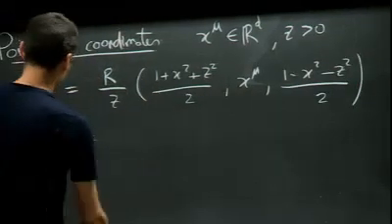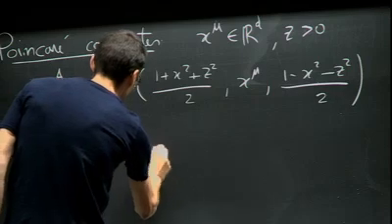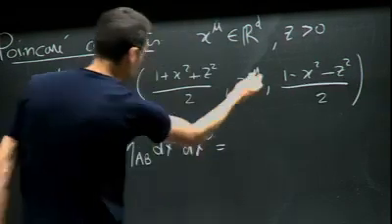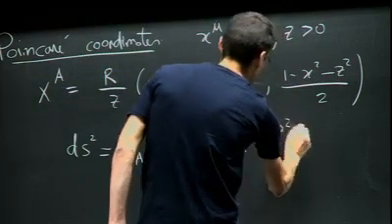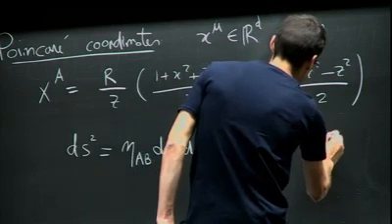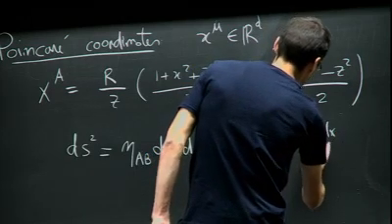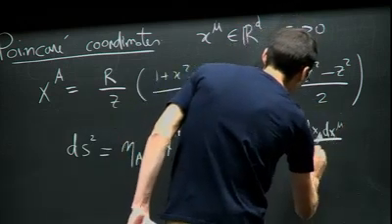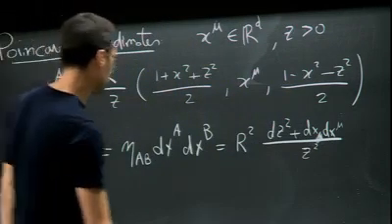So you just, well, as before, right? You just take eta_AB dX^A dX^B in these particular coordinates. And what you get is the standard, well, I'll just contract, right? But it's the standard form of the Poincaré metric.